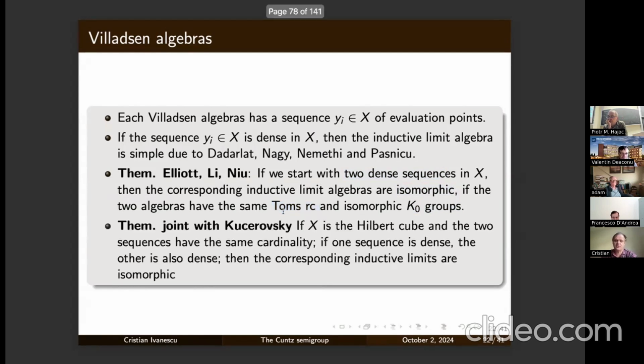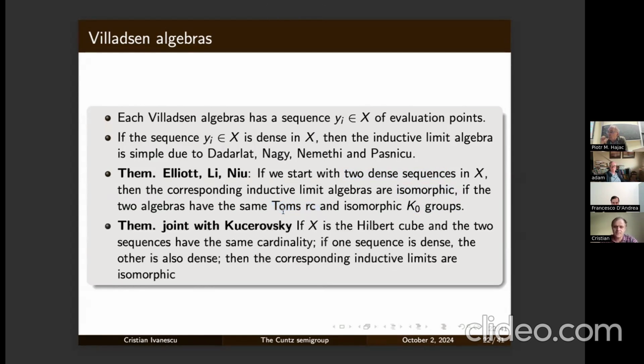Now, I should point out that about the same time, I was working with Dan Kucerovsky, and we obtained something similar. What is different is that for Elliott, Lee, and Niu, their space X is any compact metric space. They call it solid, meaning that a certain property of the space is also imposed. In my work with Kucerovsky, we use the Hilbert cube, so X is the Hilbert cube.